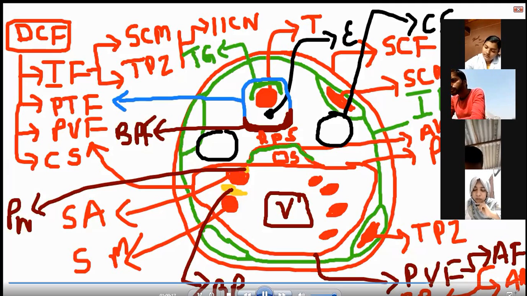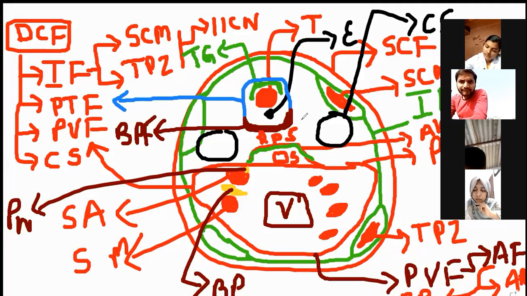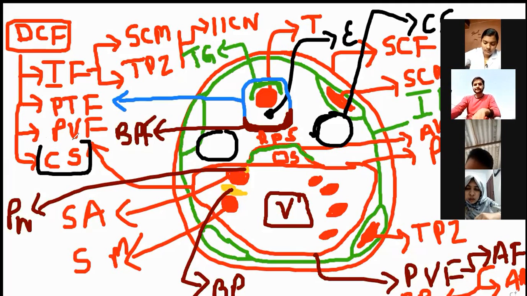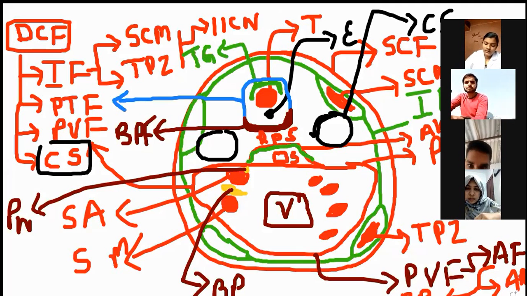So carotid sheath anteriorly is contributed by pretracheal fascia, posteriorly by prevertebral fascia, and laterally by investing fascia. So all these three fascias are contributing to your which sheath? Carotid sheath.